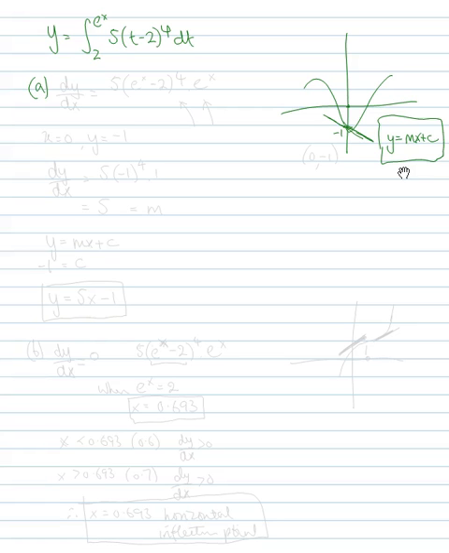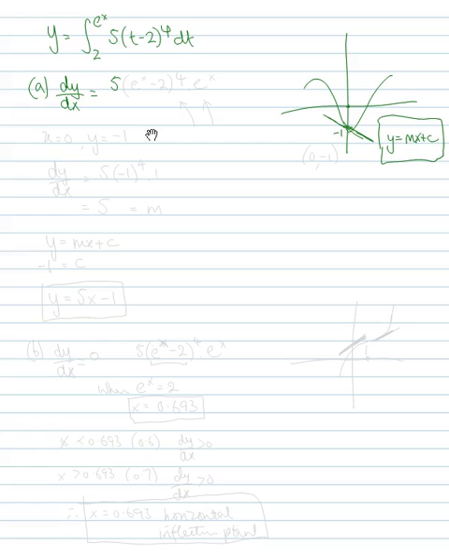So the first thing is the m. The m is simply the gradient, or the slope, which is the first derivative. So the first thing we have to do is figure out dy/dx. This uses the fundamental theorem of calculus, which says that if we take the integral of a function and then differentiate it, we get back the original function.